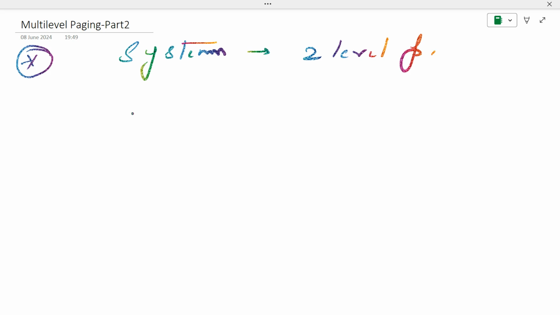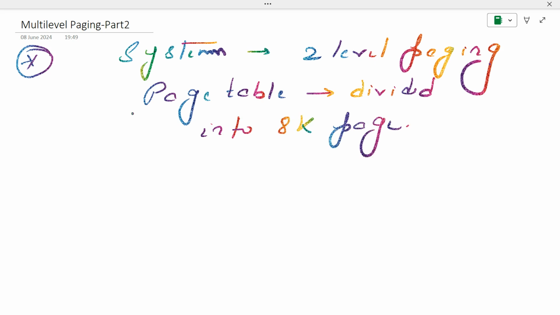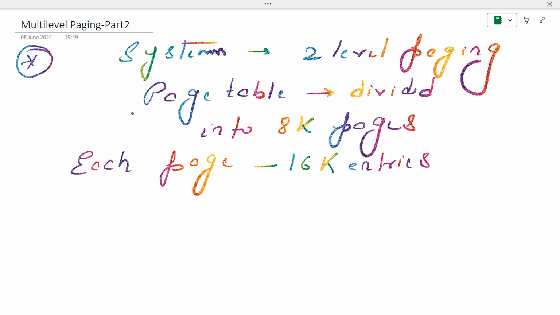Whenever we say two level paging system, it stands for multi-level, and the page table is divided into 8k pages, each page having 16k entries, and the memory is byte addressable.